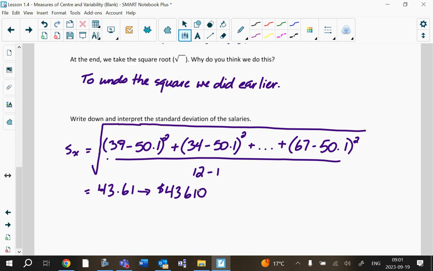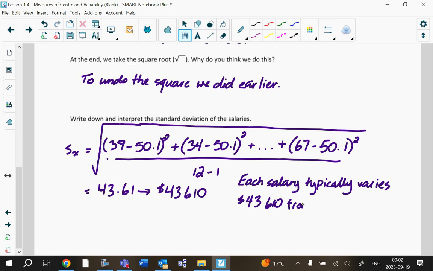That means each salary typically varies. It's probably better to use than typical distance. Typically varies $43,610 from the mean of $50,100. That is the interpretation.